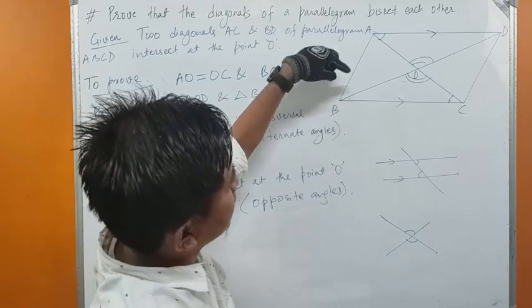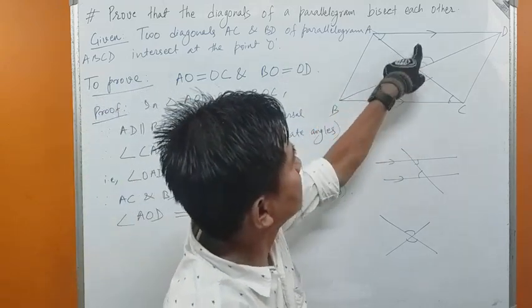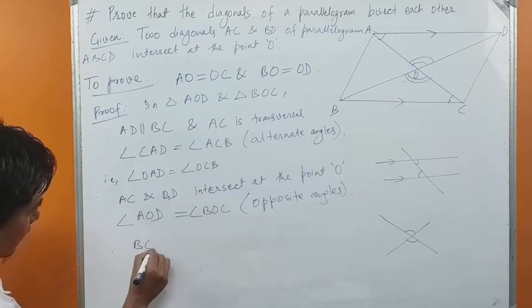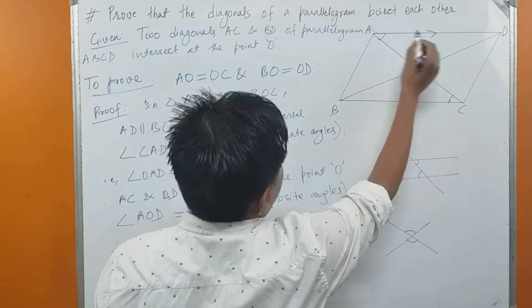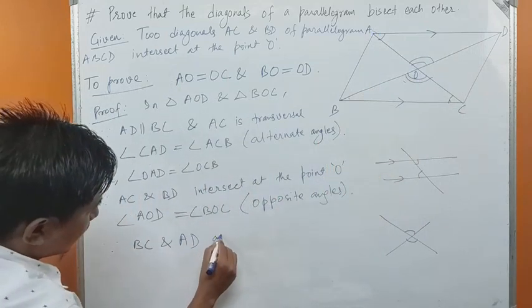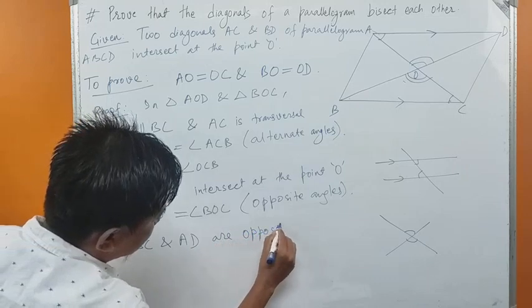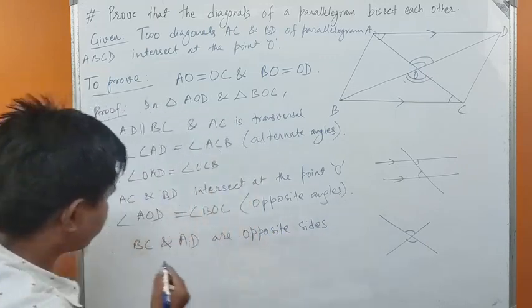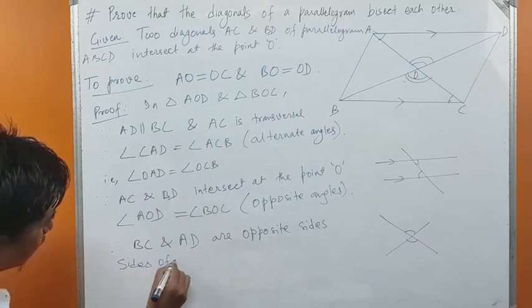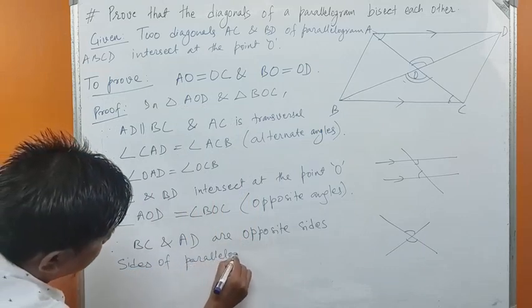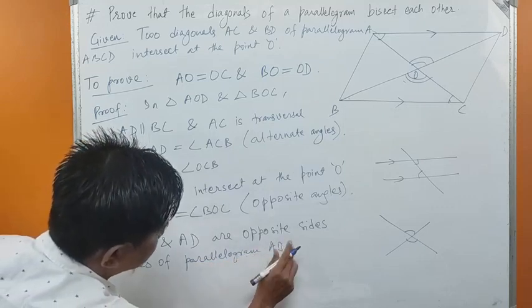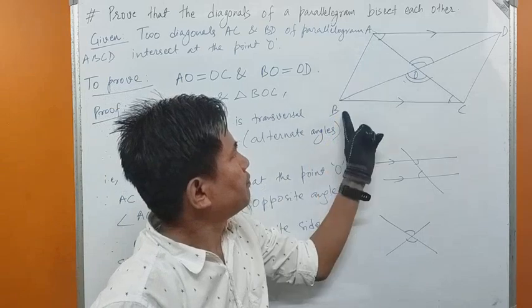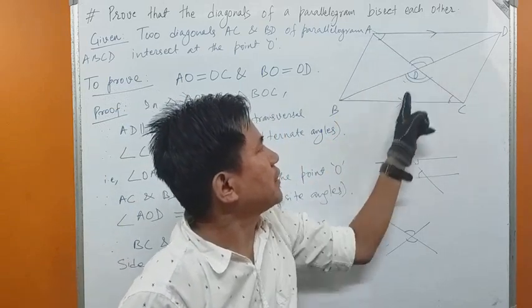Now, BC and AD are equal to each other, since BC and AD are opposite sides of parallelogram ABCD, isn't it?